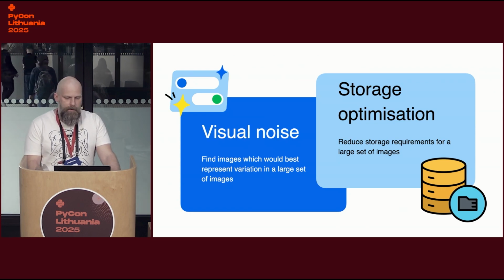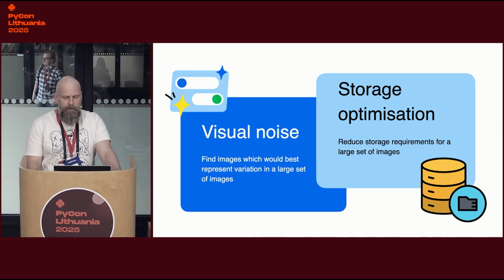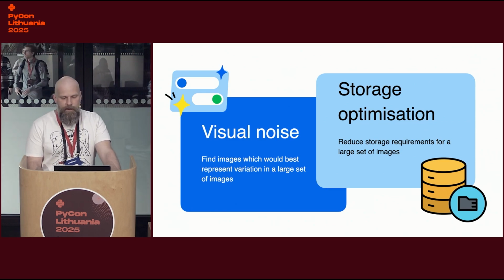So we had an idea to use embeddings to solve two somewhat opposite but also somewhat similar problems in our daily job. One problem is sometimes we have a data set with a lot of images, and due to some restrictions on screen real estate, we want to select a few of those images, but those images should represent the full data set as best as we can.